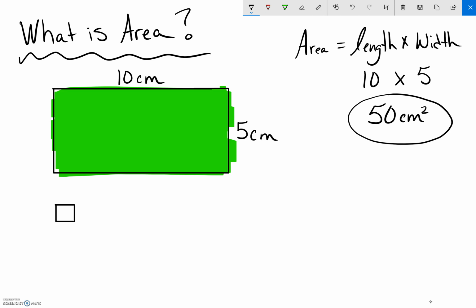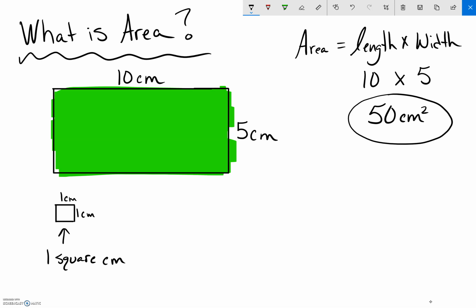I'm going to show you why. Down here, I have created 1 square centimeter. What that means is it's a square, and its dimensions are 1 centimeter by 1 centimeter.